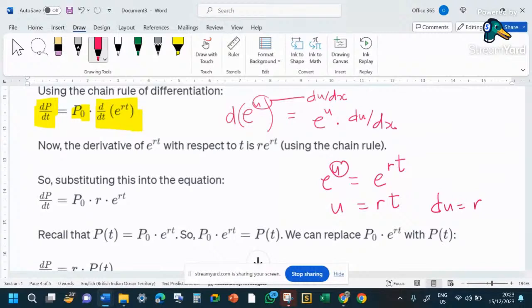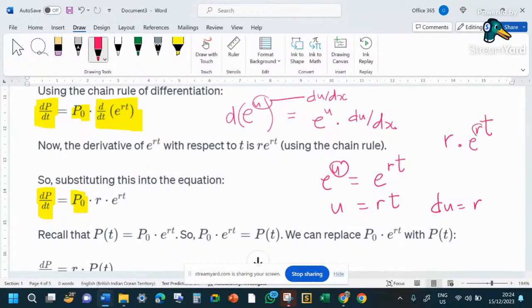So dP over dt, therefore, will be equal to P initial, and then if we rewrite this, it will be r times e to the rt.